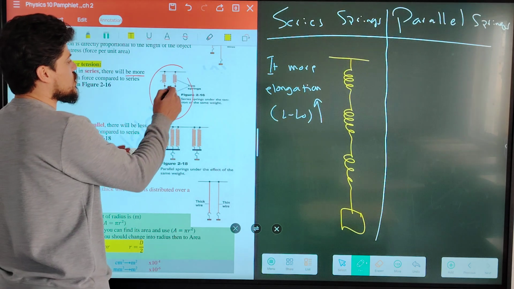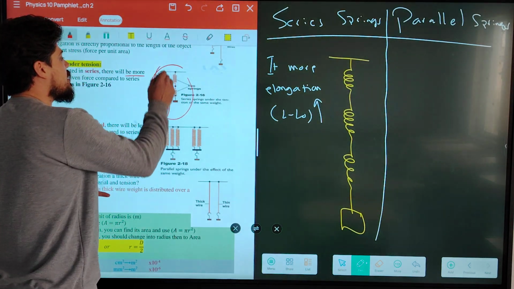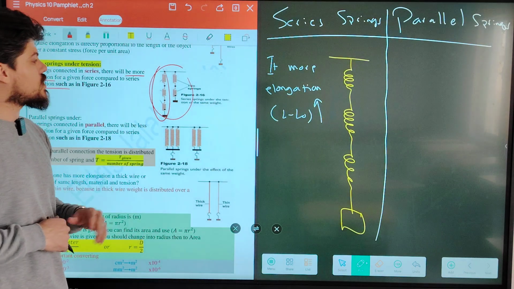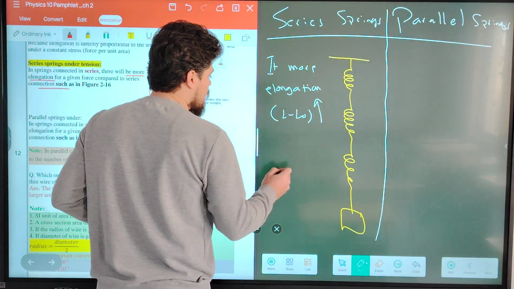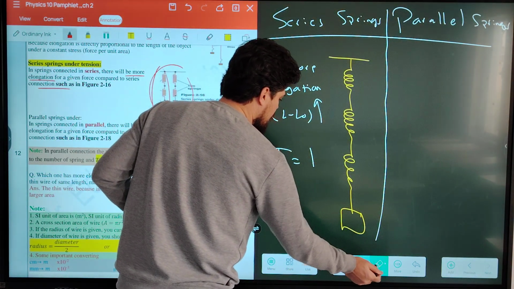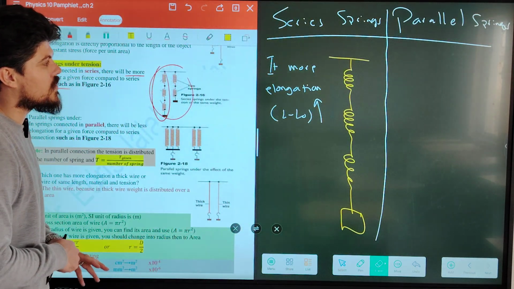Which one has more elongation? Absolutely, the three springs connected in series have more elongation than the two springs. So in this case, the tension is equal to the same tension given in the question. We do not divide the tension by the number of springs.